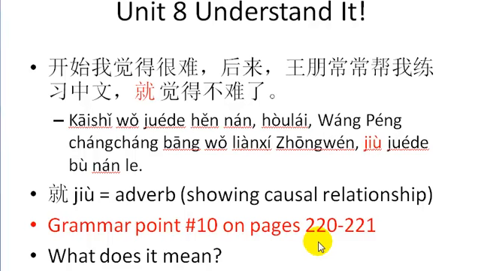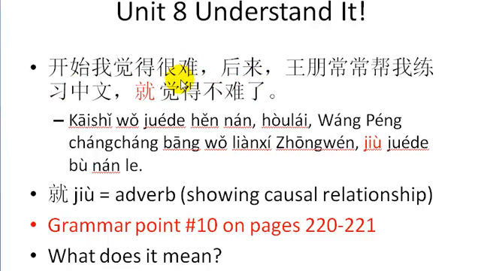But basically, 就 in this context is connecting the previous. It's saying that what comes after 就 is the result of what came before it. What came before is the cause of what comes after. So it's showing some kind of causal relationship.